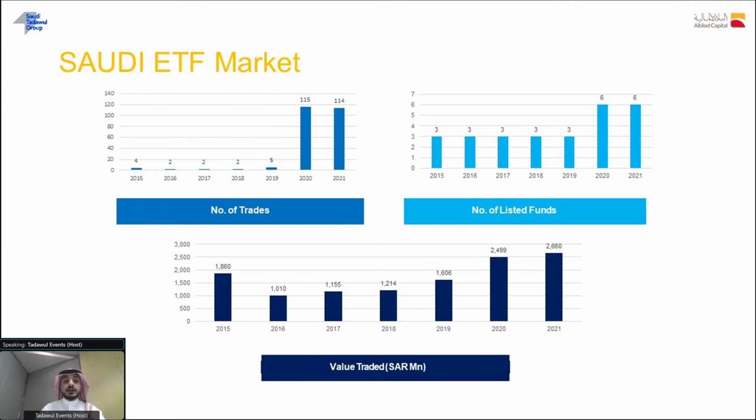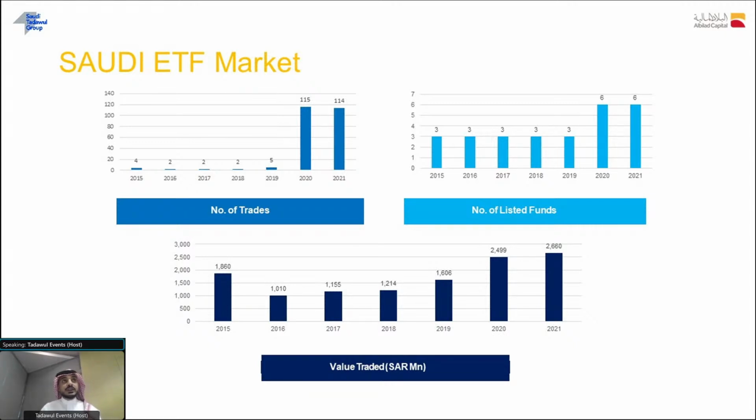We have seen a listing of 3 new ETFs since 2020. In the past, the number of trades did not exceed 5,000. However, in 2020 and 2021, it reached around 115,000 trades for the full year.